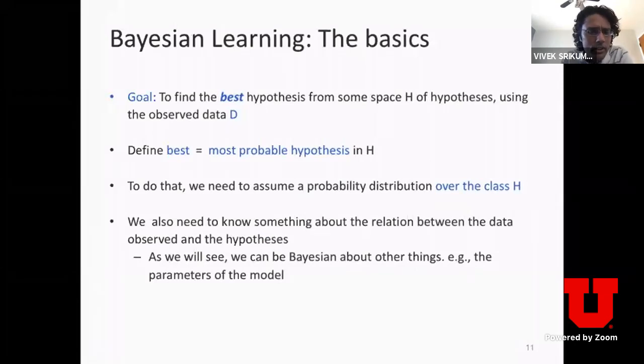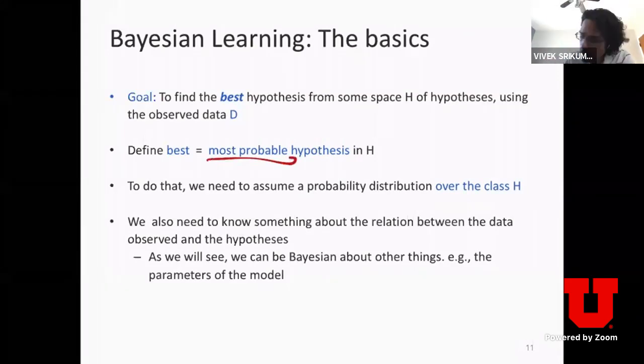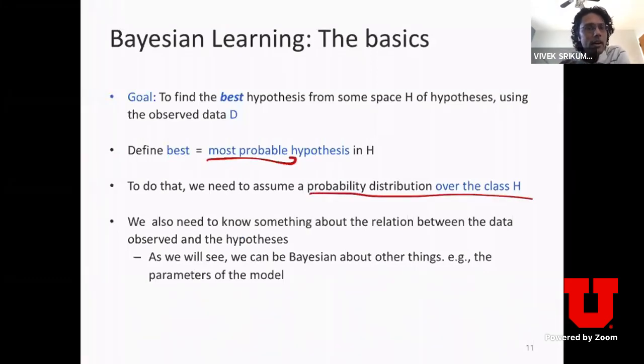In addition, we'll also need to know about some relationship between the observed data and the hypothesis. And it turns out that this idea of using the most probable, or using the probability distribution over functions, is colloquially called being Bayesian about something.